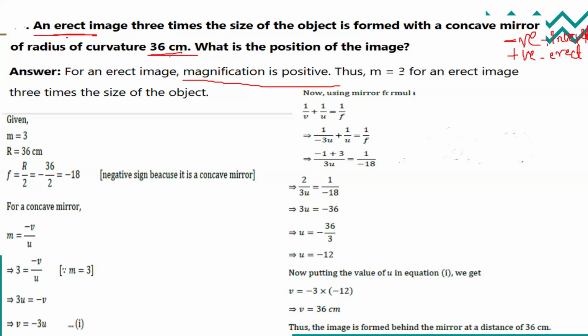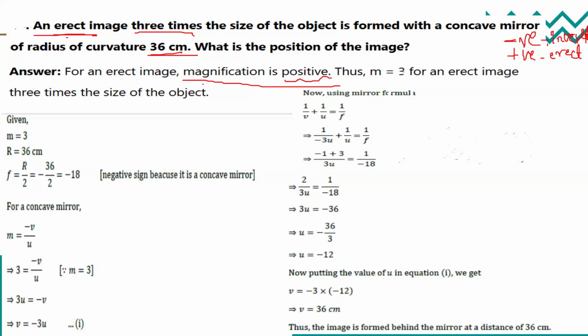Now here it is erect. Erect means magnification is positive. So this is 3 times the size of the object formed with a concave mirror. That is M is equal to 3 for an erect image.